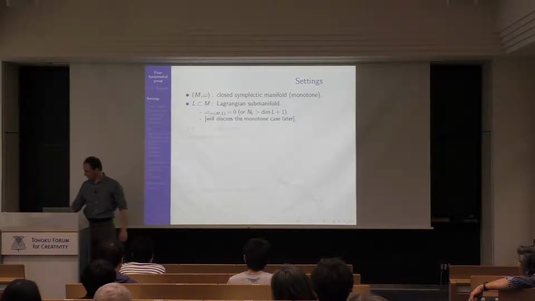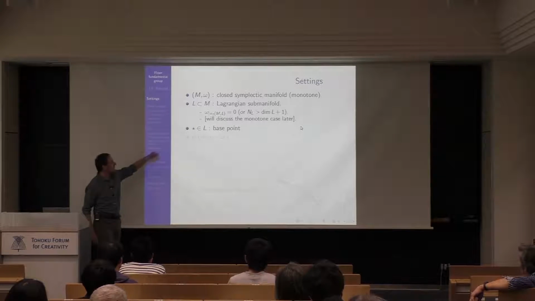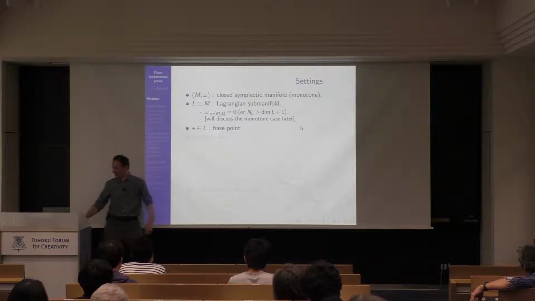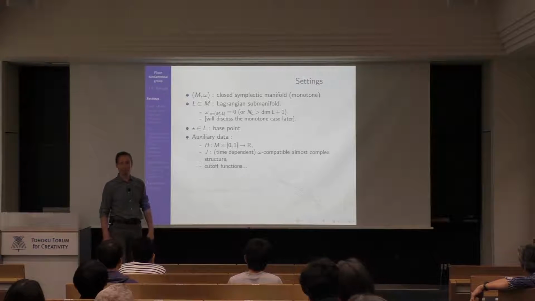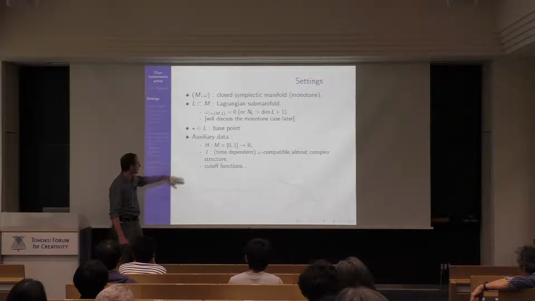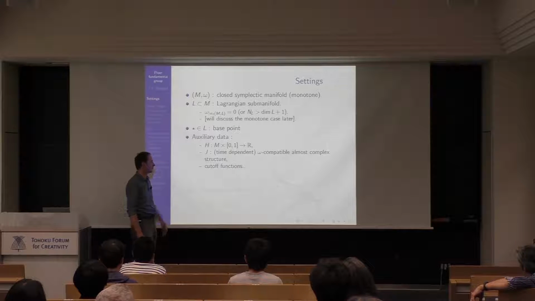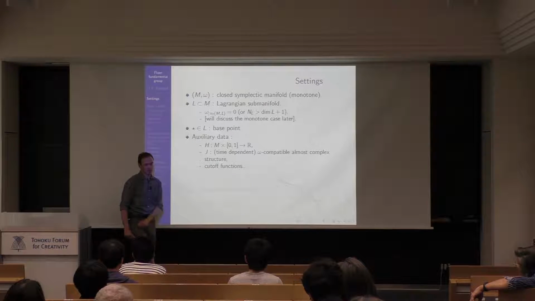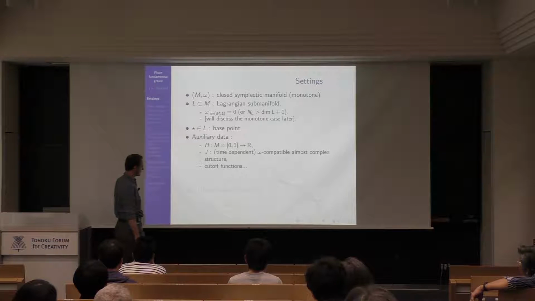And because I want to study a fundamental group, I need a base point. And I need the usual auxiliary data you use in Floer homology. So I need a Hamiltonian function, an almost complex structure that is compatible with the symplectic form. And there will be cutoff functions that will appear just in the next slide.